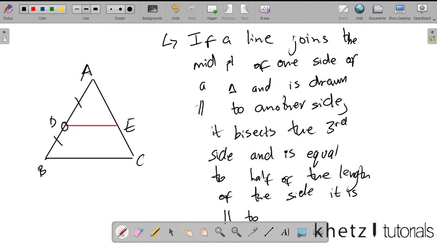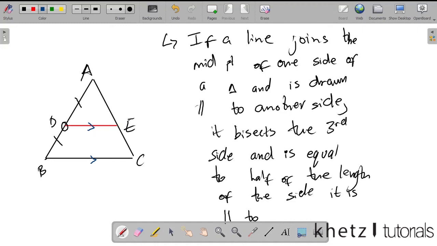So this line, the red line DE, joins the midpoint of one side of a triangle, and we are told that it is indeed drawn parallel to one side.